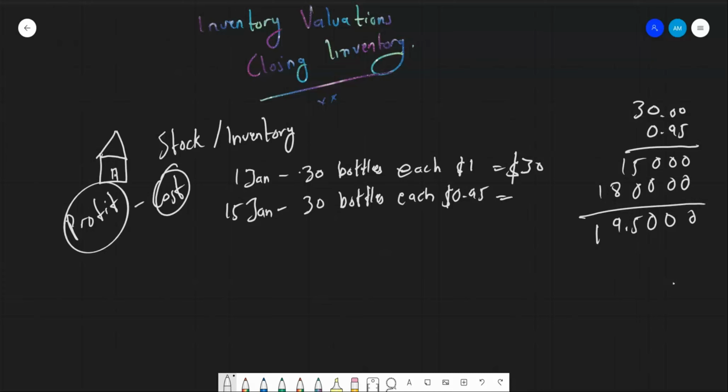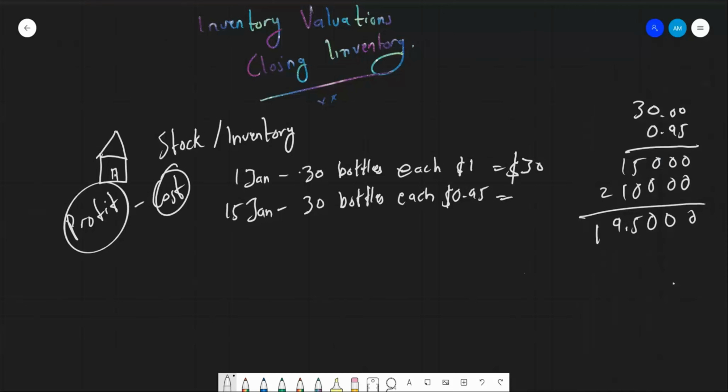This is not correct. What did I write wrong here? Something is wrong. Oh yeah, it's not 18, it's 21. 3 times 9 is 21.